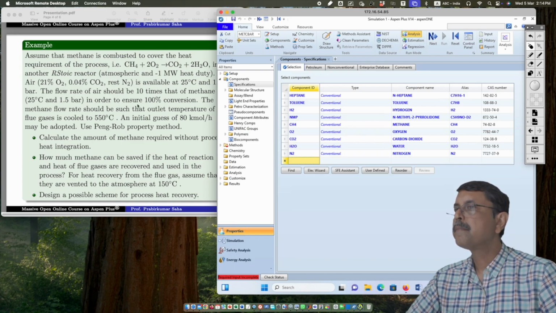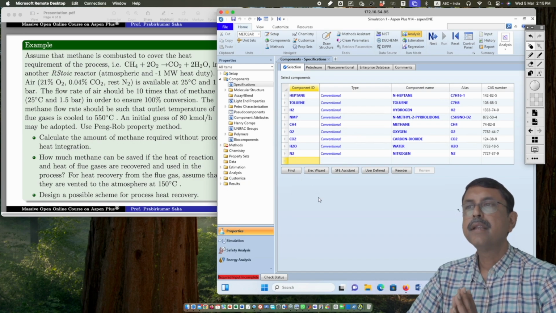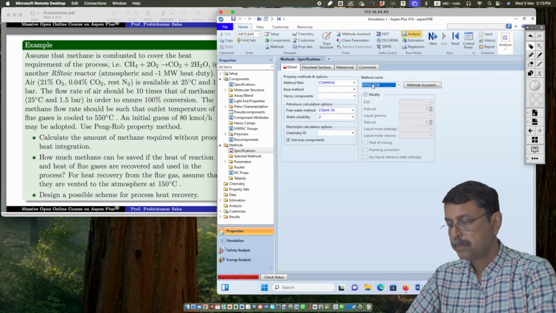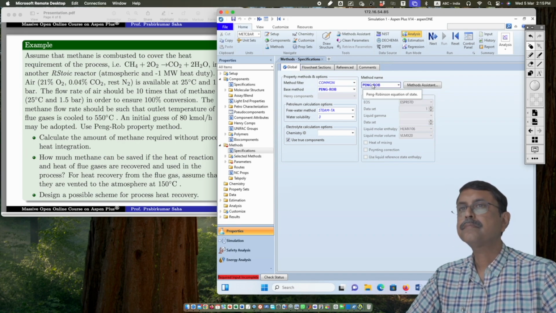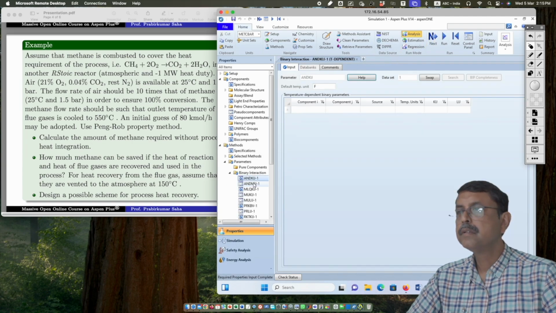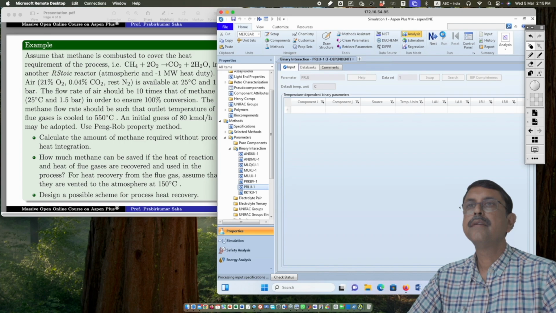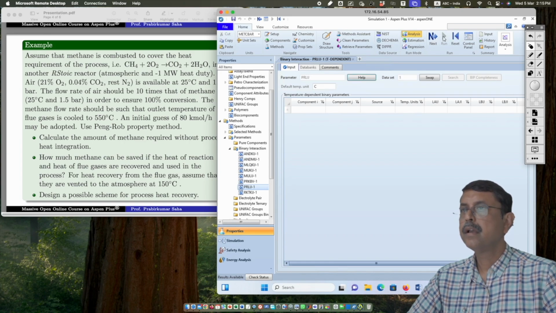Anything else? Okay, we have none. So we have these 9 components over here, and we have to use the Peng-Robinson property method. So we can use the Peng-Robinson property method. So we just keep on clicking them. I don't think anything is over there. So run it. Okay. The property method has been run.